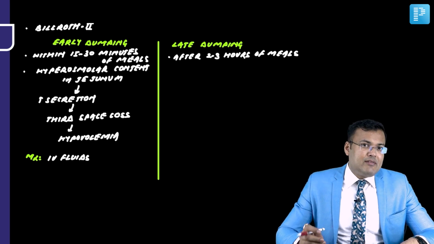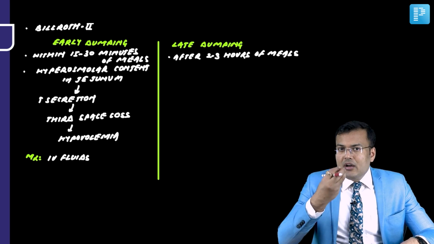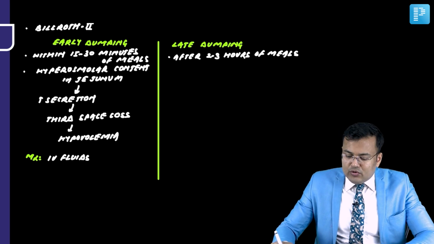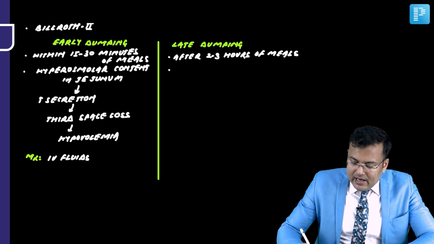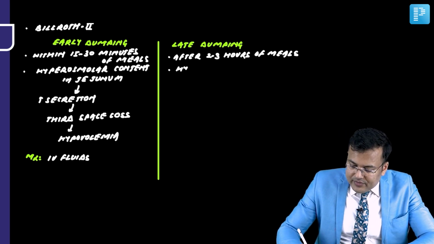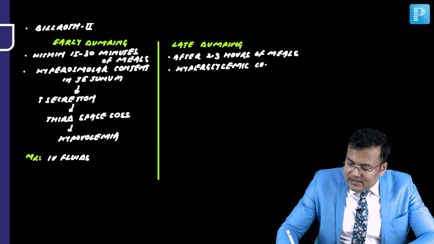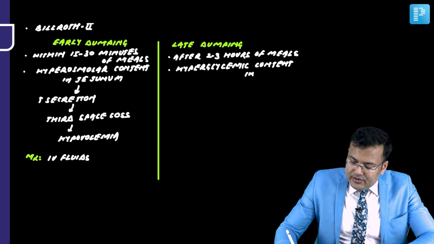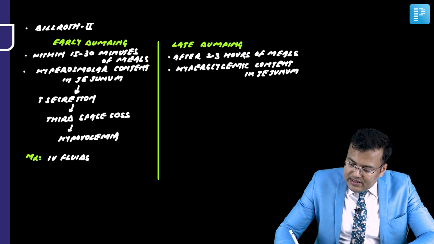Since the patient develops hypoglycemia, what do you have to give? Oral glucose. So what is the problem here? There is hyperglycemic content in the jejunum.